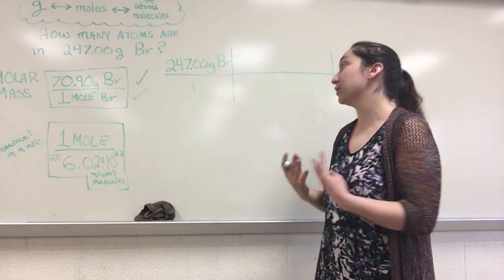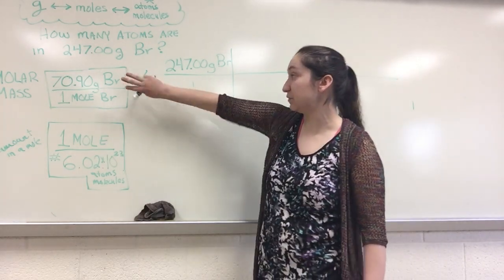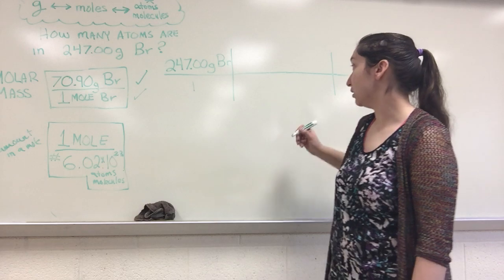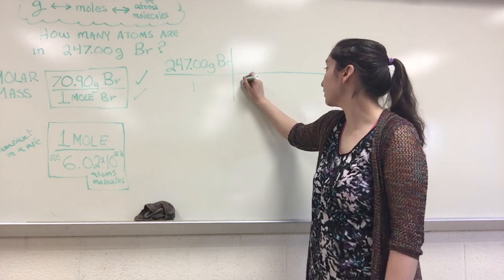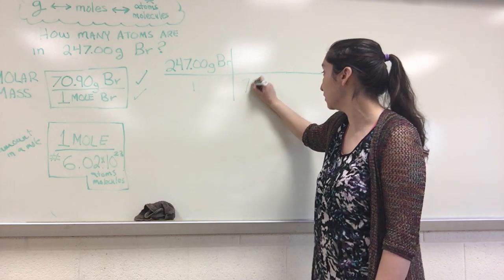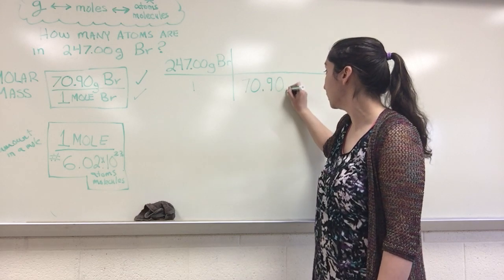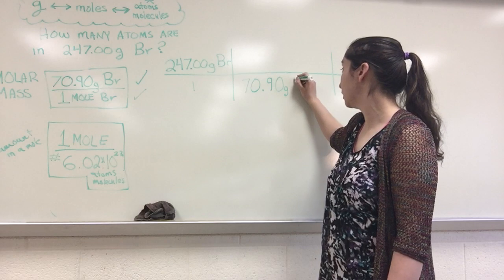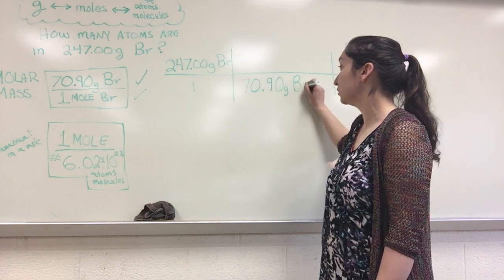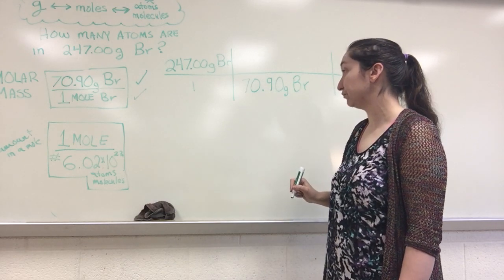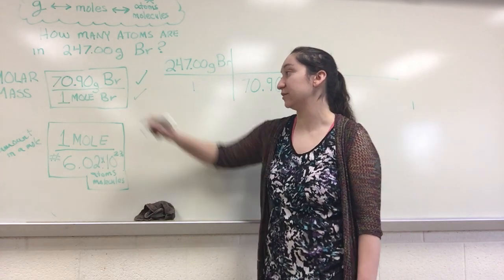So this is what I was talking about before. We can flip these to meet our needs. I definitely want to flip it here. 0.90 grams bromine. And of course, this is attached to it.